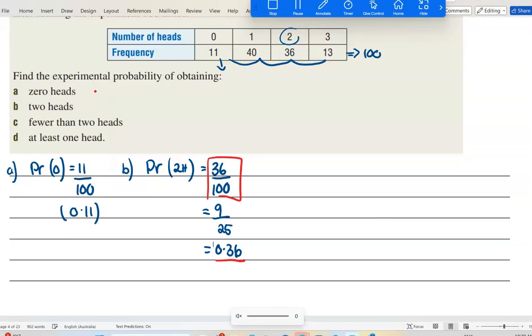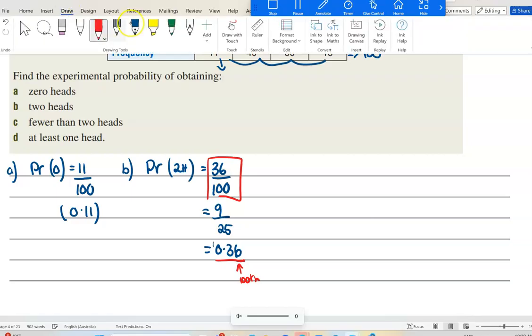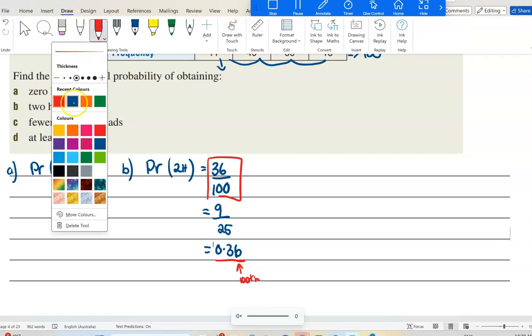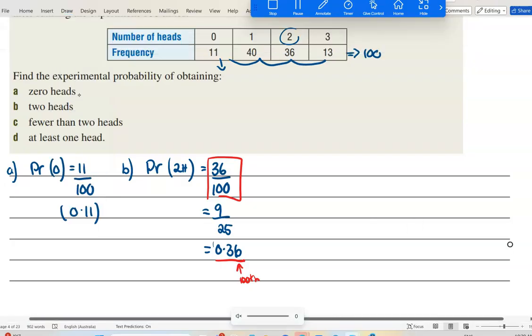It's just 0.36. You just go to the 100th decimal place, and that makes it easier if you want to just do a decimal. I'm not sure what the back of the book is doing, whether they're doing fractions or decimals.